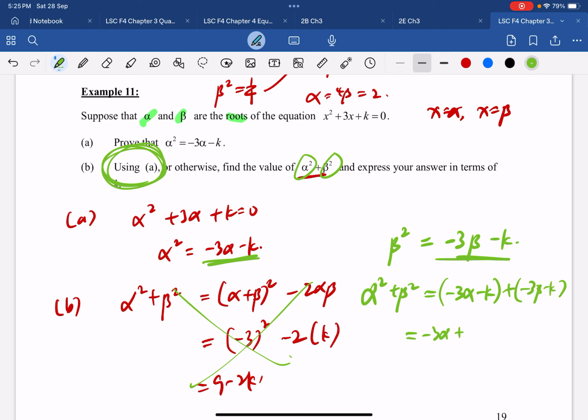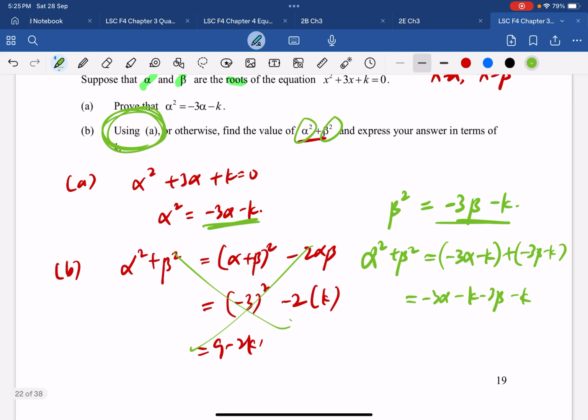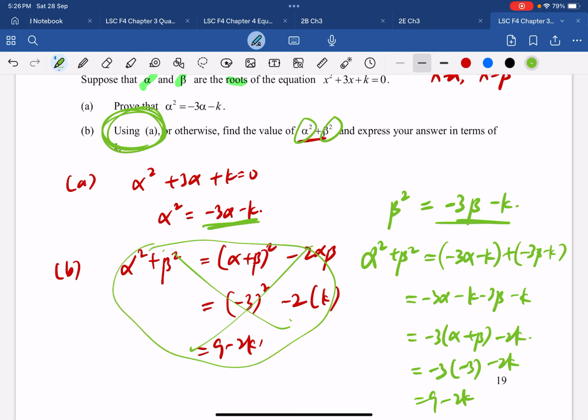So you expand the bracket and then you take negative 3 out. Now you can use the sum of roots, which is negative 3. Although it gives you the same answer, for the left hand side one, like this one, you didn't use the result of part A, so no marks.